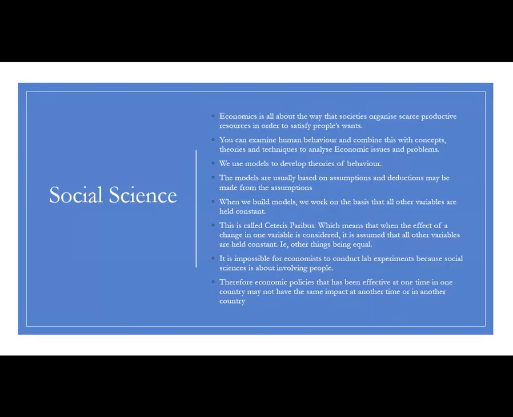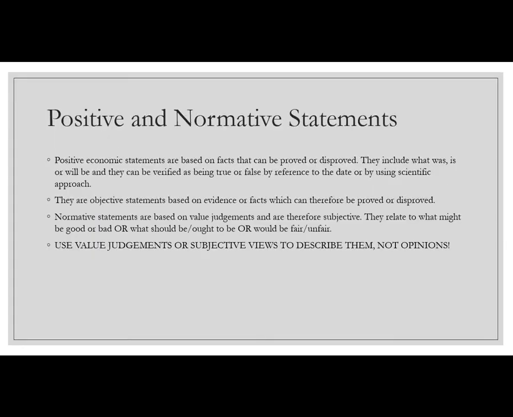The next part of the spec goes onto this whole idea of positive and normative statements. So what are they? Well, a positive economic statement is based on facts that can be proved or disproved. They include what was, is, or will be, and they can be verified as being true or false by reference to the data or by using a scientific approach.